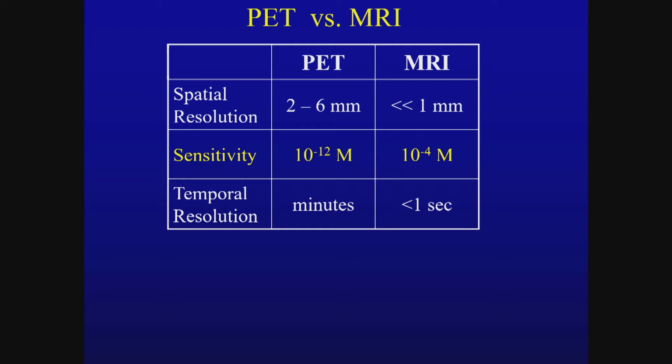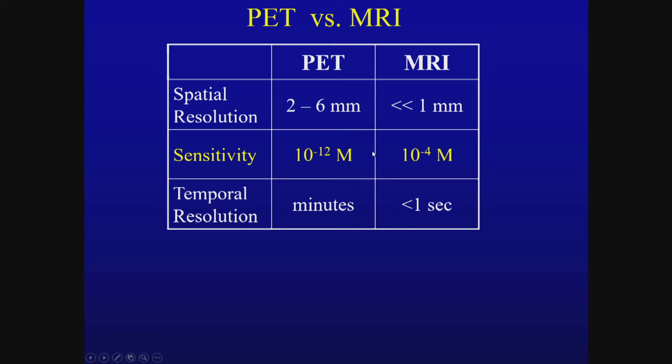Okay, another way to understand PET is by a comparison with magnetic resonance imaging, which is far better known. And the spatial resolution of MRI is much, much better, less than 1 millimeter for the MRI. Whereas PET, well, PET is down to about its limit now of about 1 millimeter.